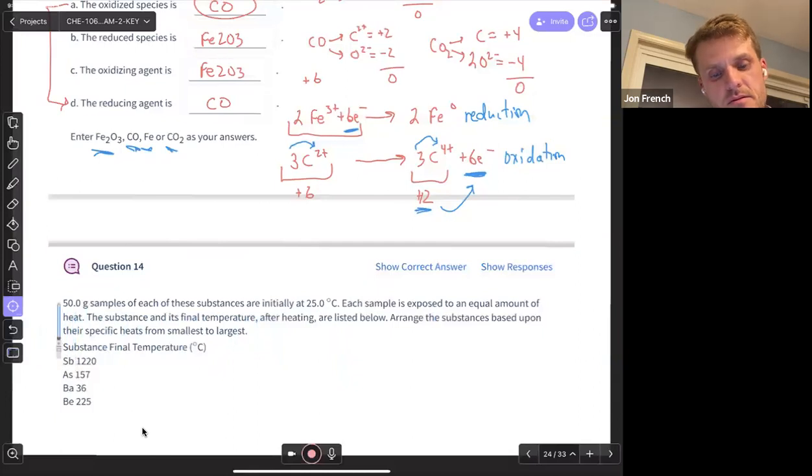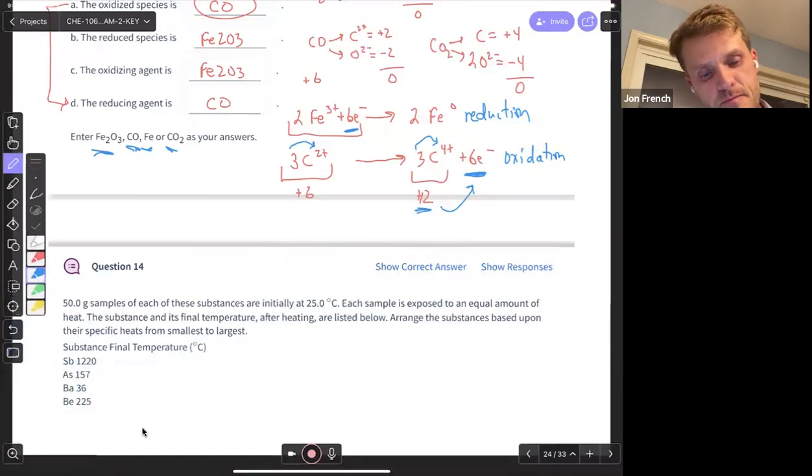All right. So the sample that is the hottest sample, the sample that has the highest final temperature, should have the lowest heat capacity, right? They should take the least amount of energy to heat that up. So antimony, arsenic, barium, and beryllium. So this should have the lowest.